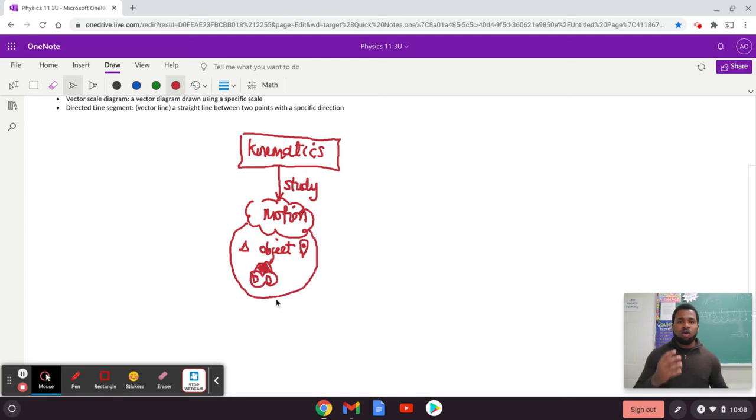Looking at this, there are two things you need to keep in mind in terms of the quantities that are expressed in terms of the measurement.